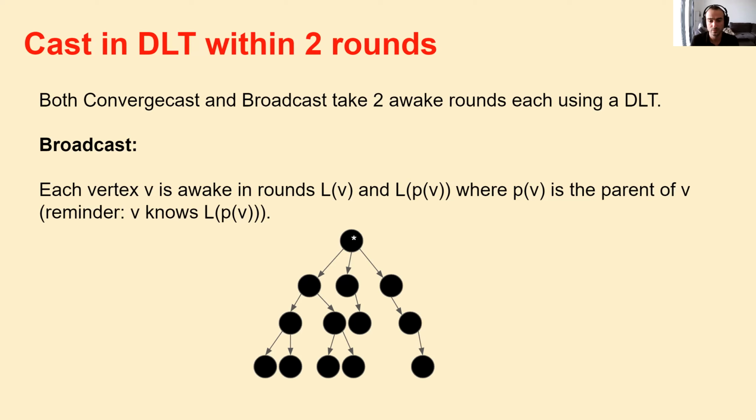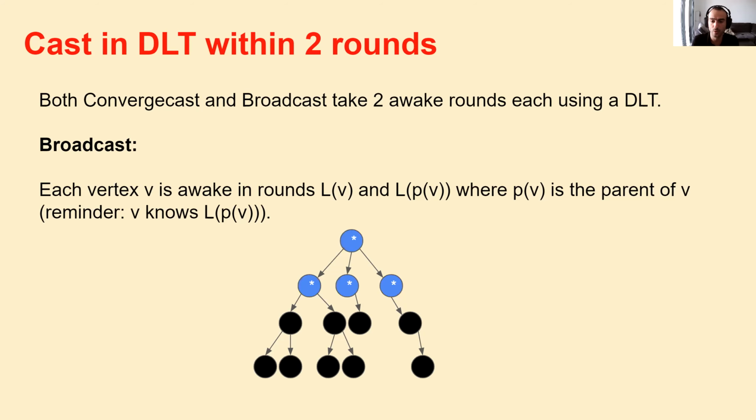So if the asterisk in this example is the information that needs to be broadcast throughout the graph, and this is the DLT, the children of the root know the label of the root.